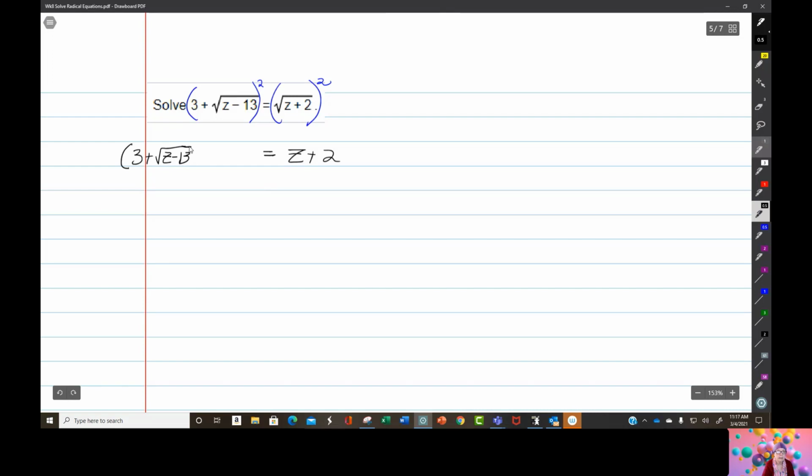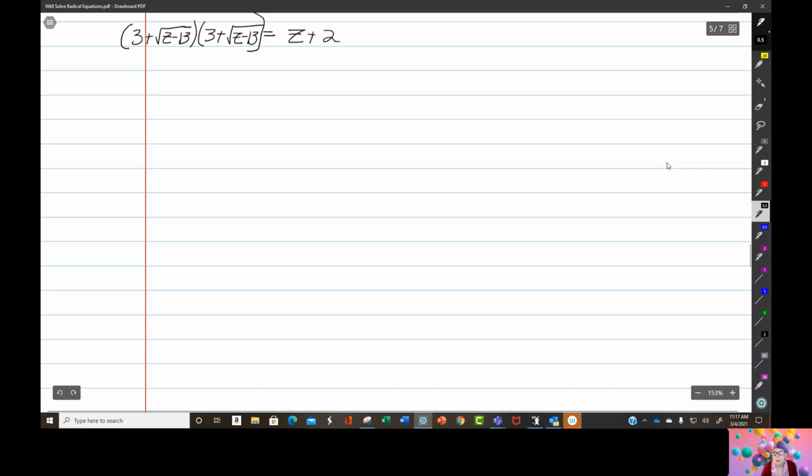3 plus the square root of z minus 13, in parentheses, times 3 plus the square root of z minus 13, in sort of ugly parentheses. You do what you have to do.